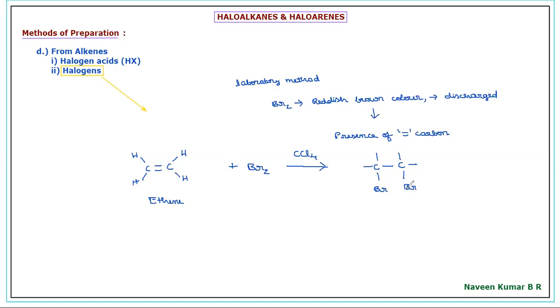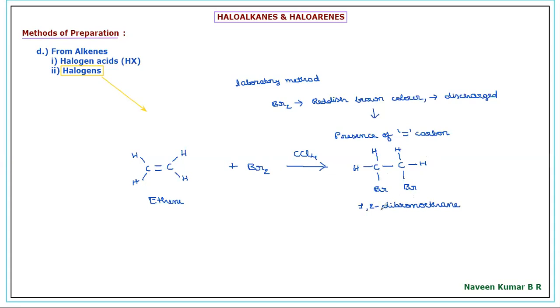Now the two halogens are bonded to adjacent carbon atoms. So a dihalide of vicinal type or Wick dihalide will be obtained in the process. So hence it's a special type to remember. When bromine is added to ethene, the obtained product is 1,2-dibromoethane.